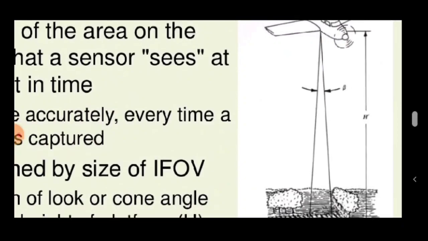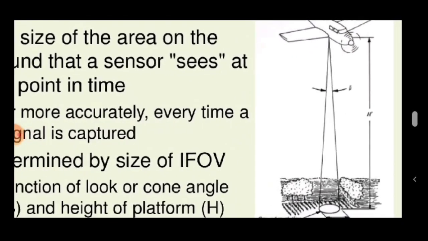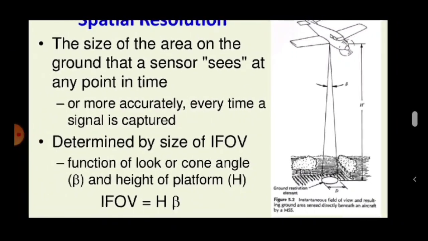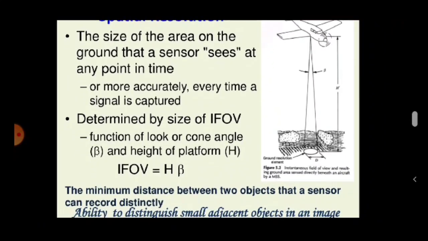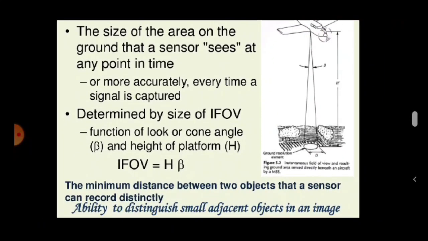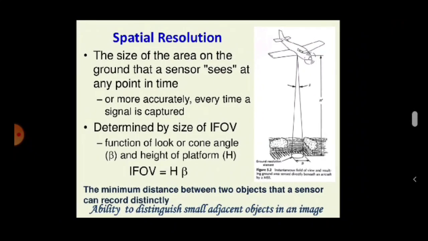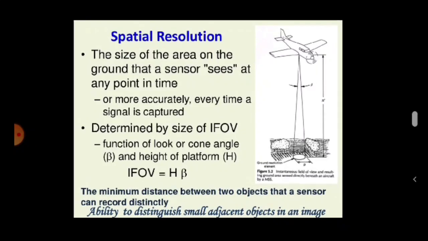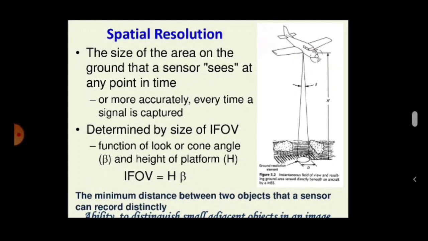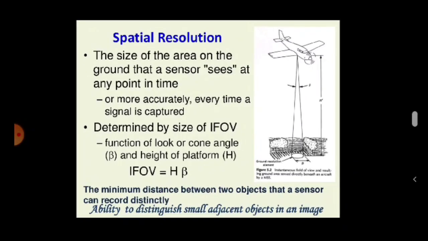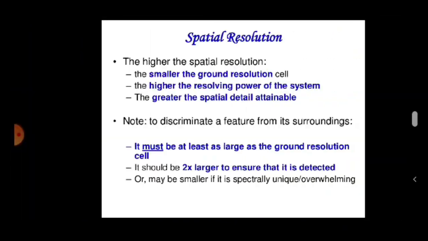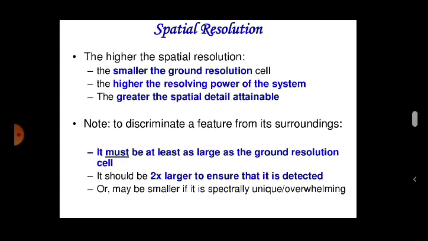Cone angle beta is multiplied with h, and then the IFOV can be found. The minimum distance between two objects that the sensor can record distinctly is the spatial resolution. It can be described in many ways, so let's move further.